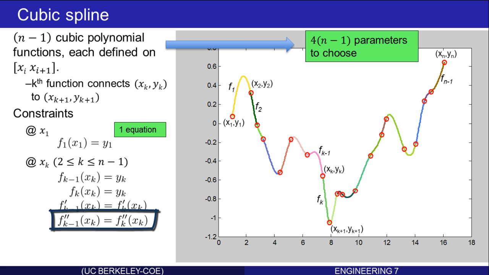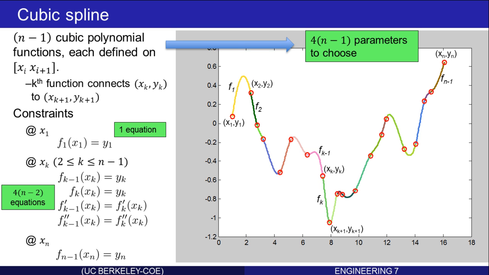Finally, the second derivative of the k-1 function at xk should equal the second derivative of the kth function at xk. Those are the constraints that are imposed at all of the intermediate points. There are n-2 intermediate points. Therefore, this imposes 4 times n-2 constraints, or 4 times n-2 equations.